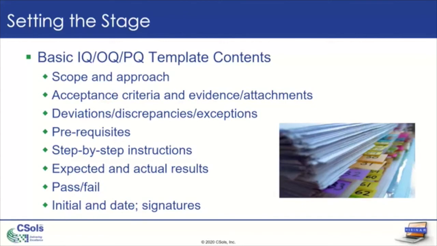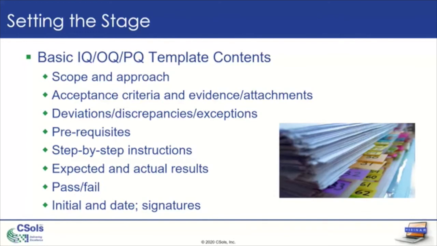But if you're going to build a template, you want a section for scope and approach, so that anyone reading that or the tester knows what's involved. Acceptance criteria, how you're going to use attachments for evidence when you're executing a script, how you're going to handle deviations, discrepancies, or exceptions. This is a tricky term.